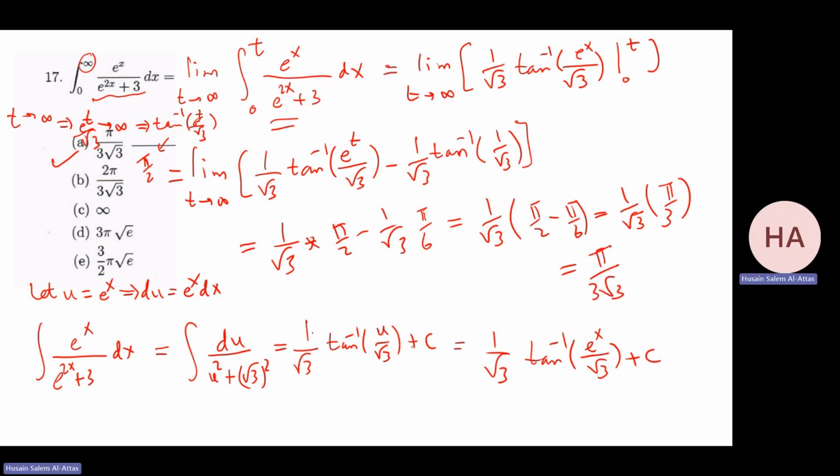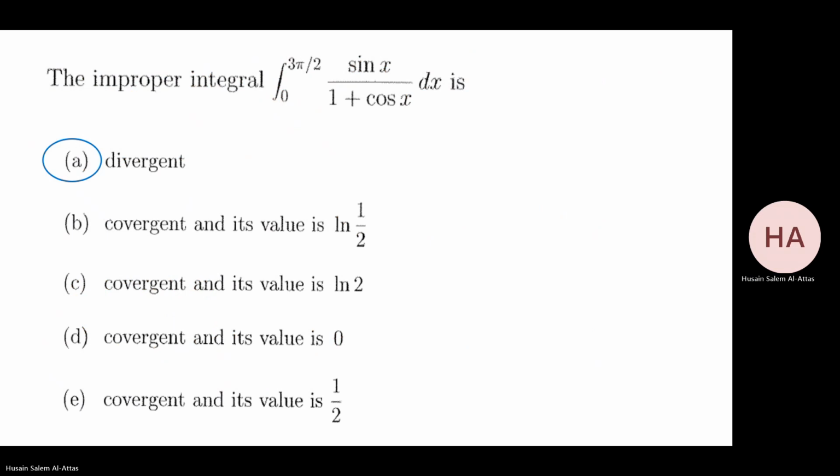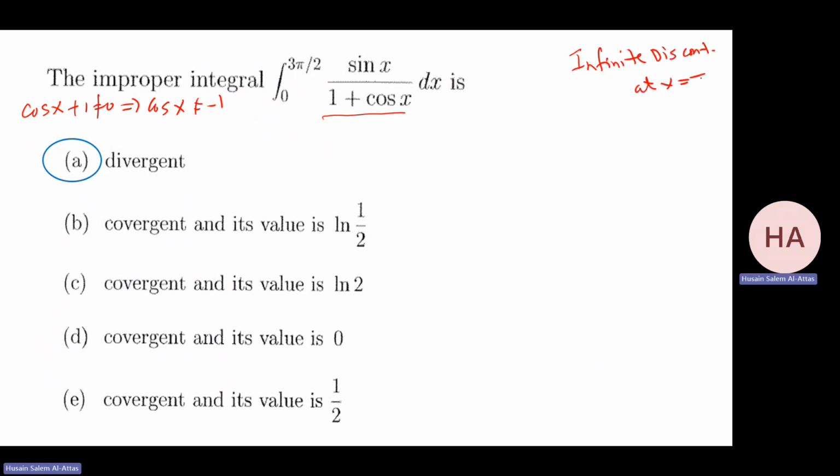Okay. This one, what is my problem? The denominator is 0 when cosine x plus 1 equals 0, so I need cosine x not equal to minus 1. So my problem is at pi. So I have an infinite discontinuity at x equal pi.